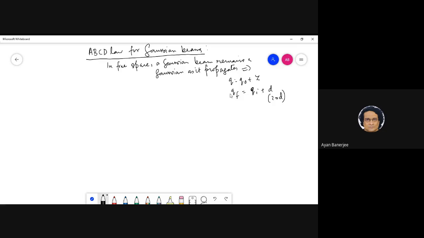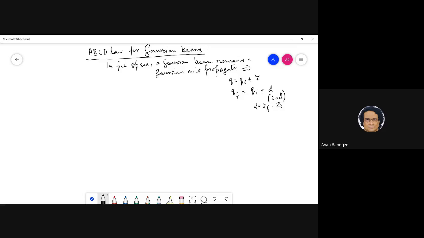You can also say that d can be ZF minus ZI: the final distance was ZF, and the initial distance was ZI.